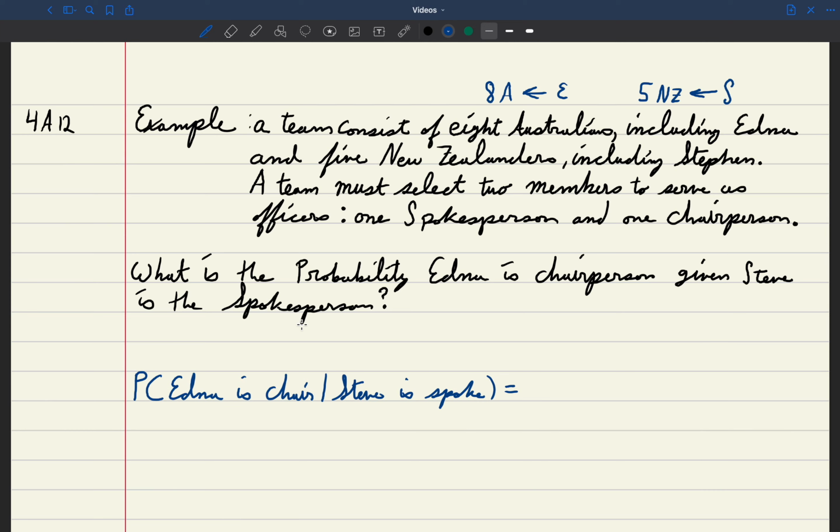So, one thing to notice is that we are talking about specific roles, specific offices, specific positions that these people are taking. So this would not be a good combination problem because these people are taking specific roles. That is to say, Edna being the spokesperson is different than Edna being the chairperson.